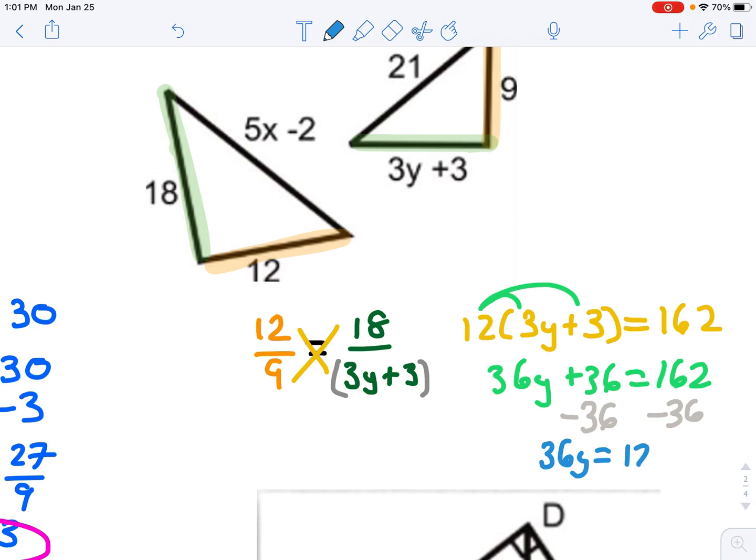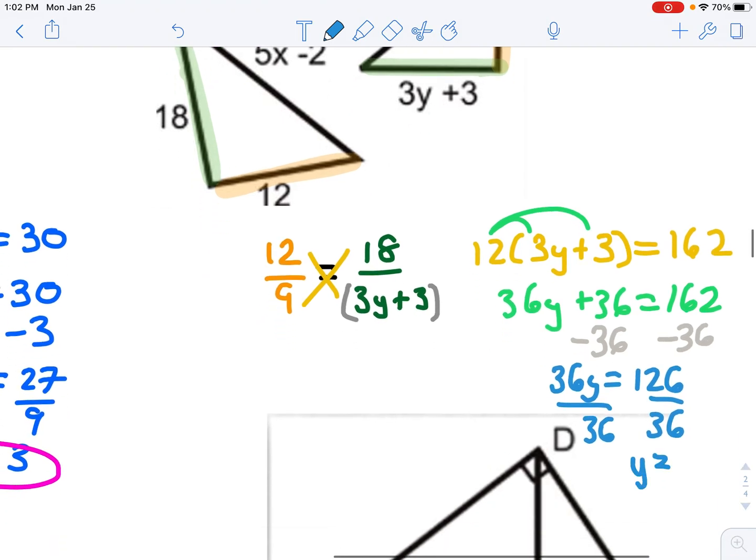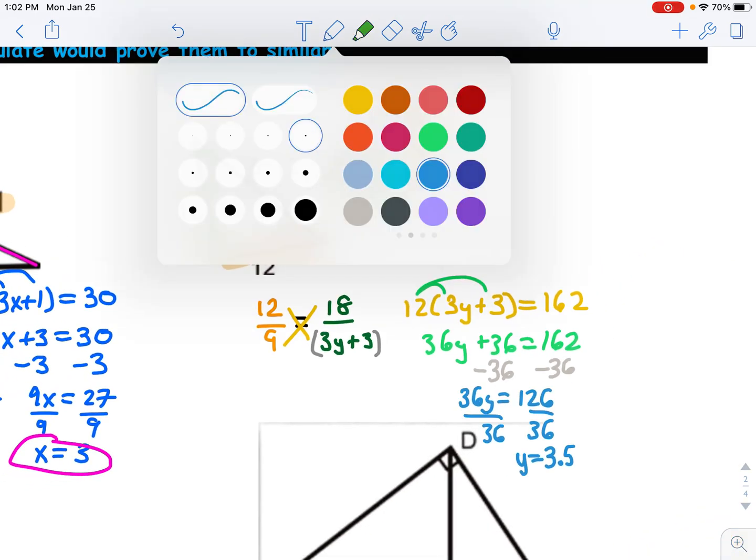Got 36y equals 126. Divide both sides by 36. And we get a fraction this time. Nothing wrong with fractions, but we get 3.5 is y.